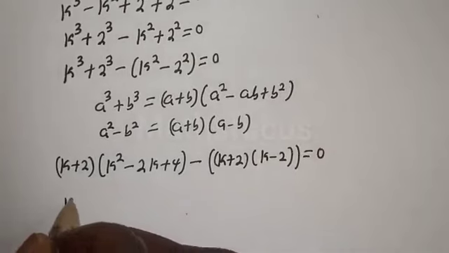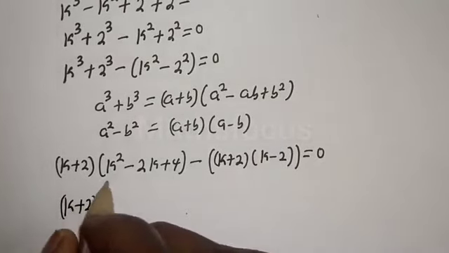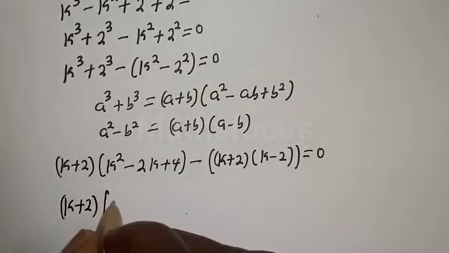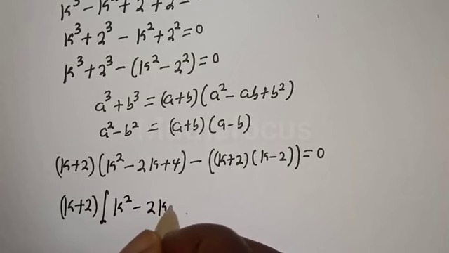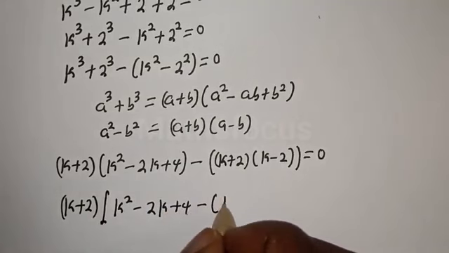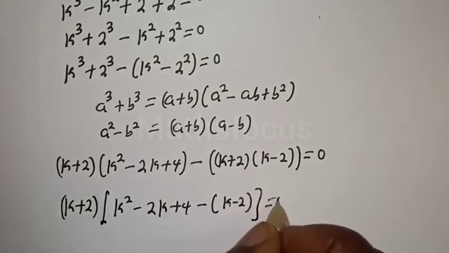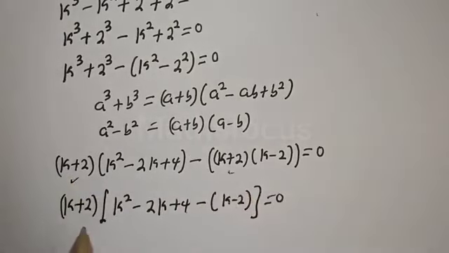Then k plus 2 bracket k squared minus 2k plus 4 minus k minus 2 bracket is equal to 0. Because here k plus 2 is common and k plus 2 is common, that's why we bring it out.